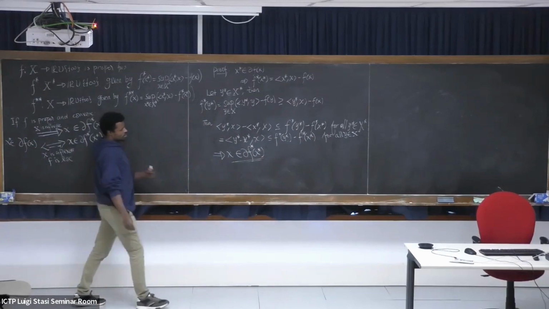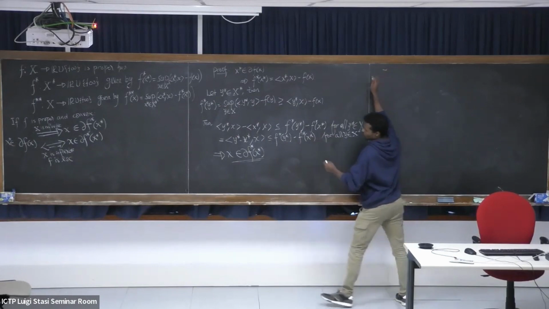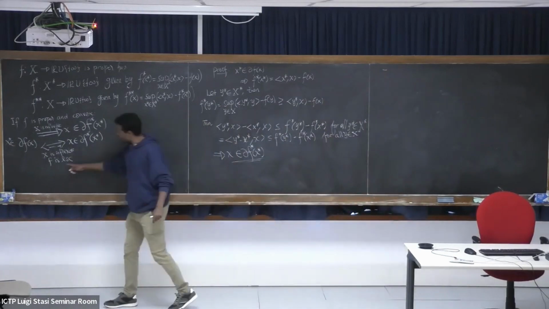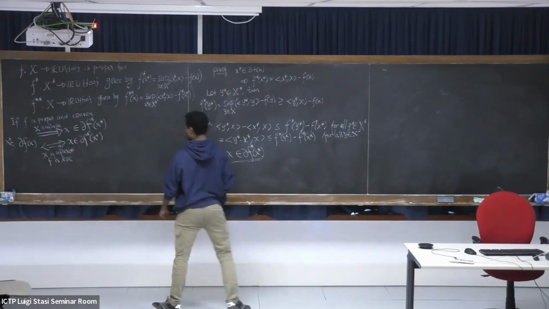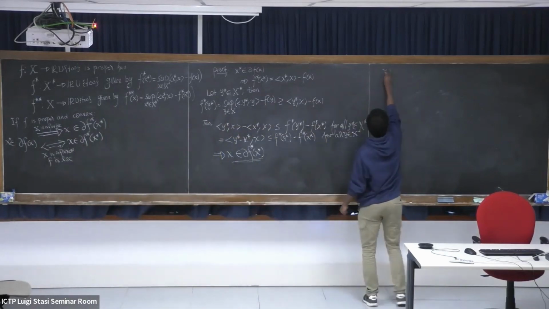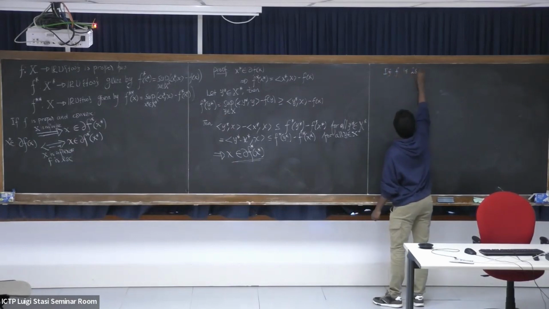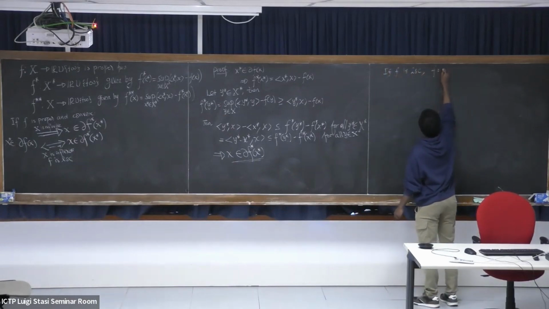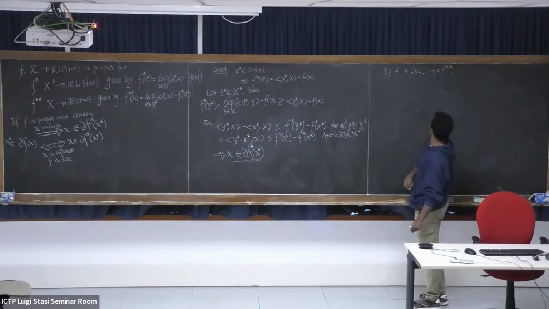So the reverse is very simple. If f is reflexive, meaning that f is lower semicontinuous, meaning that f is equal to f double star, right?